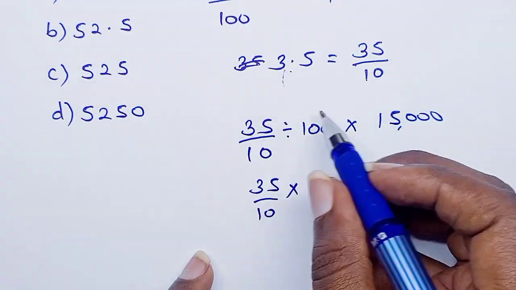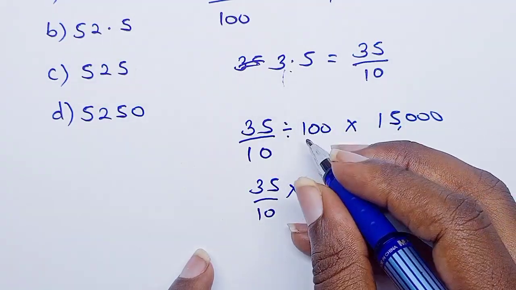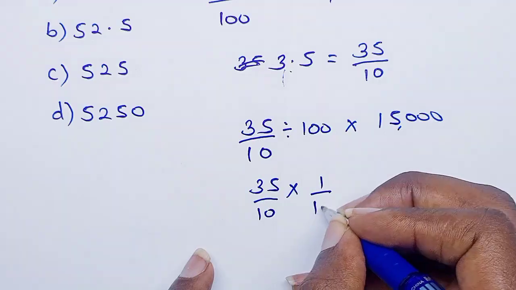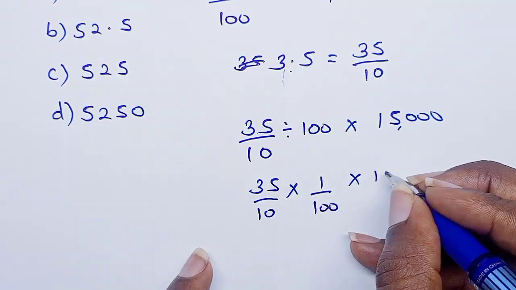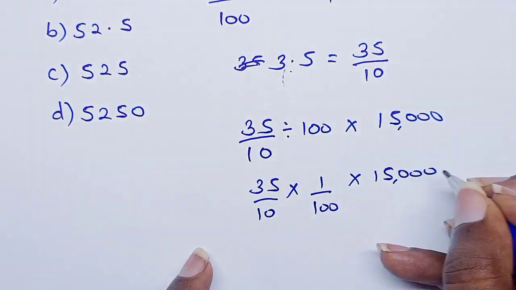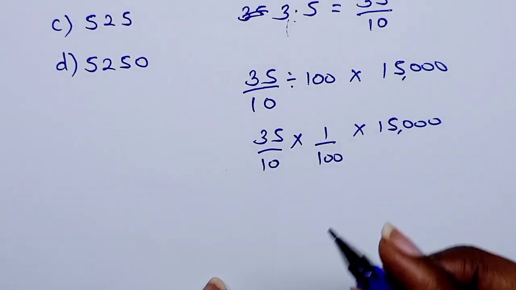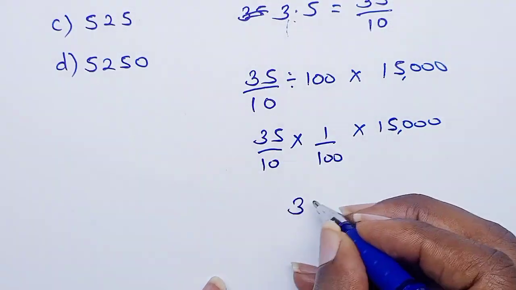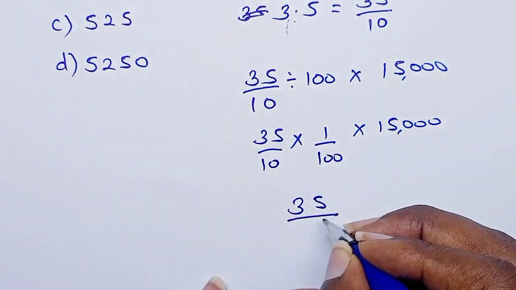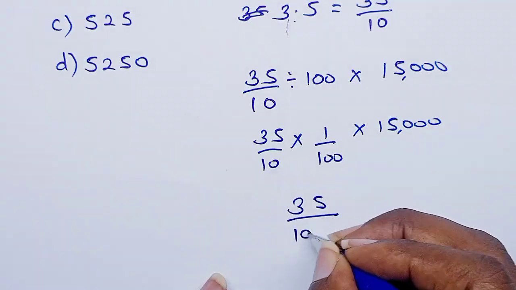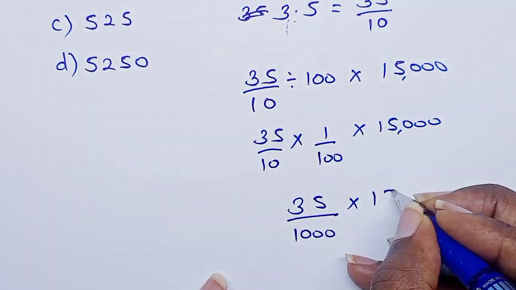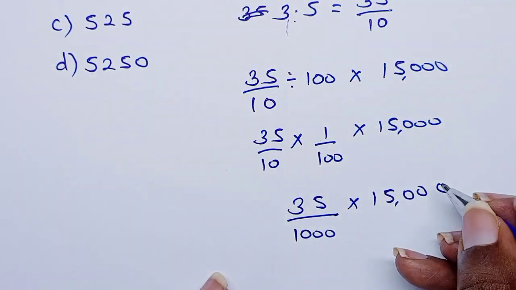Okay? So this becomes 35 over 10, and then multiply by the reciprocal. So 1 over 100 times 15,000. So we shall have 35 times 1 is 35, over 10 times 100 is 1,000, times 15,000.